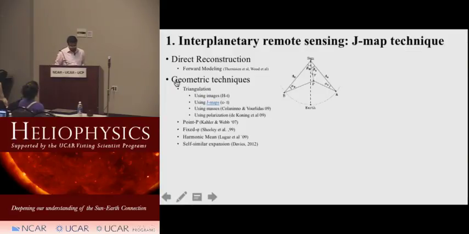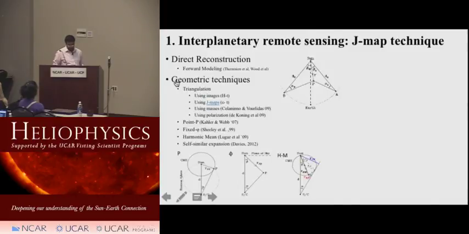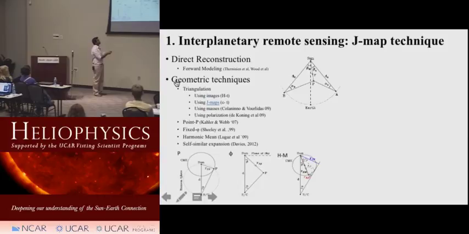Okay, so same idea here. I wanted to highlight this, the point I was trying to make, that you're not always sampling the same point. So if the spacecraft is here, and this is the circle, that's your CME.